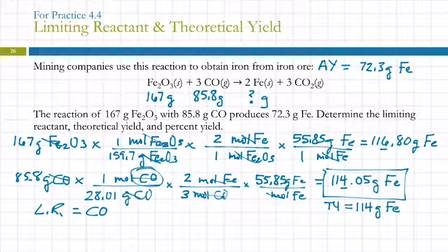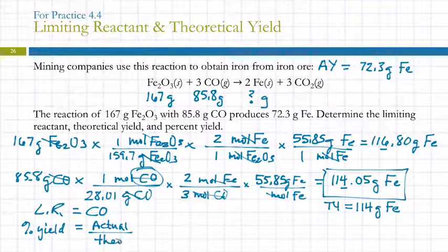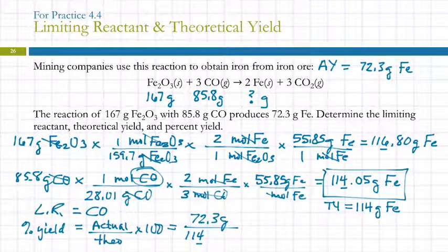And then the percent yield. So percent yield is actual over theoretical times 100, right? So we were given the actual yield, 72.3 grams. Our theoretical yield is 114, and I'm going to carry those extra digits to avoid rounding errors.